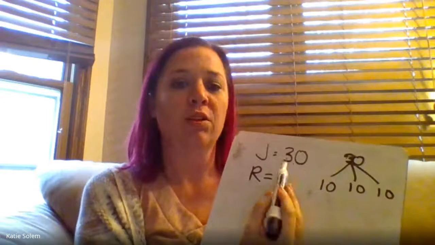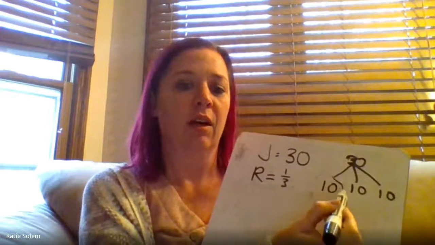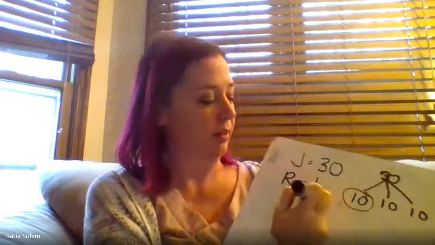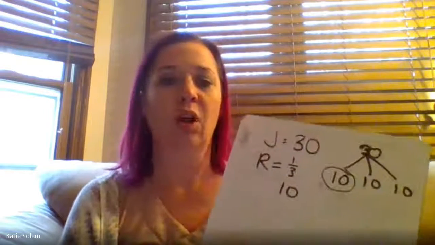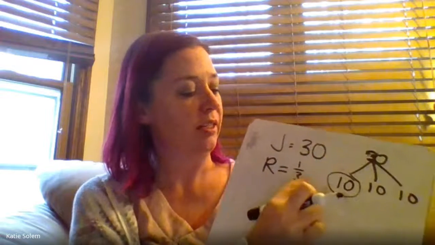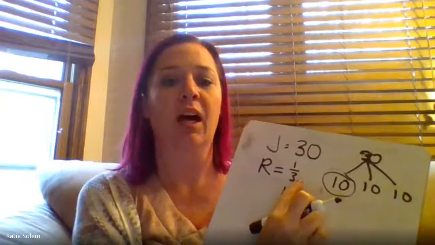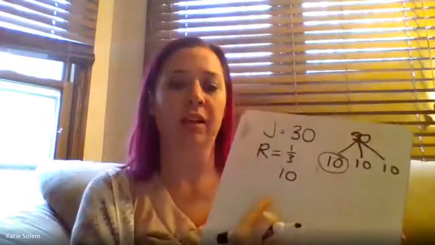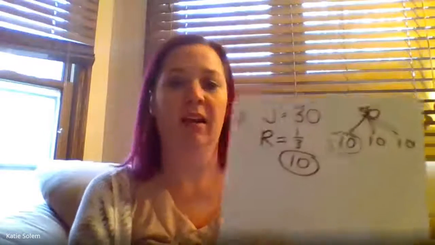So 1/3 of 30 would be 10. You could also think of it as 1/3 as a division, is 30 divided by 3. How many threes are there in 30? There are 10.